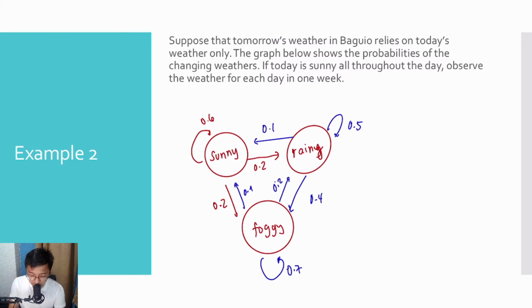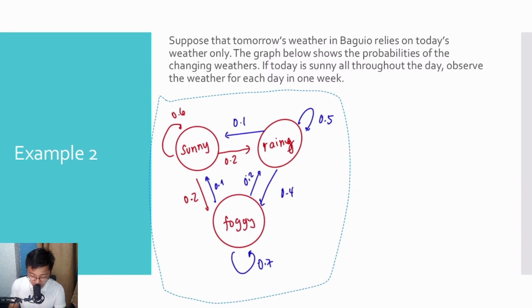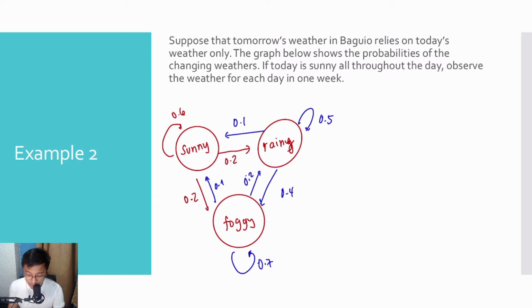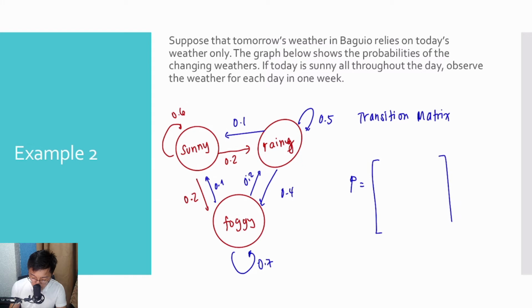Now, how are we going to create the transition matrix that will represent this graph? So let's create now the transition matrix. Let's say that's P. Since we have three variables here, sunny, rainy, and foggy, we will have a 3x3 square matrix.